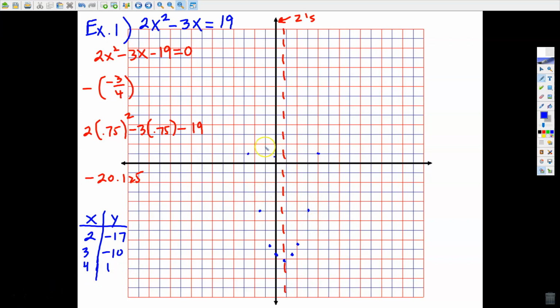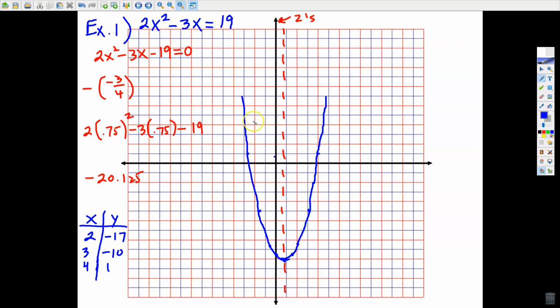All right, so we have this graph. I'll just go ahead and try to sketch it my best. So do you notice that between x equals 3, that was a negative, and x equals 4 was a positive, we should be crossing the x-axis between those two x's.